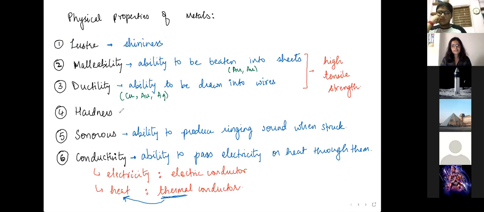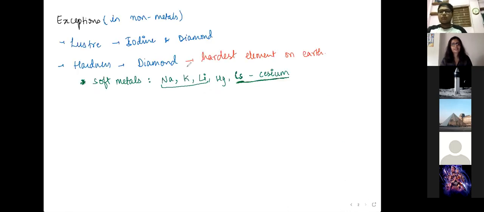Hardness, again, there are exceptions among metals. Diamond can also come in hardness, right? Diamond is a non-metal, that's why I mentioned it as an exception here. Diamond is the hardest non-metal element.